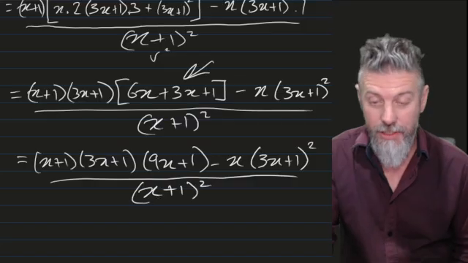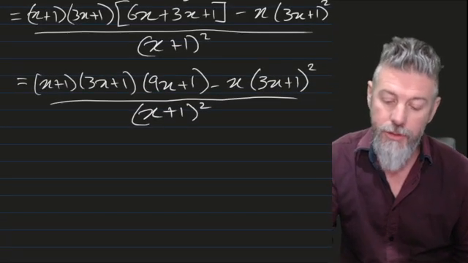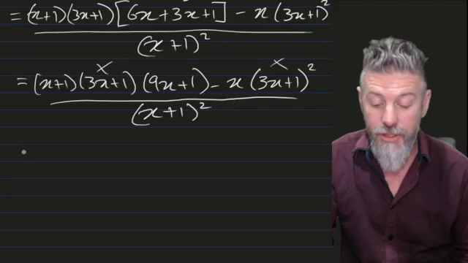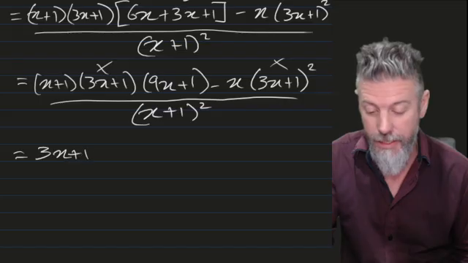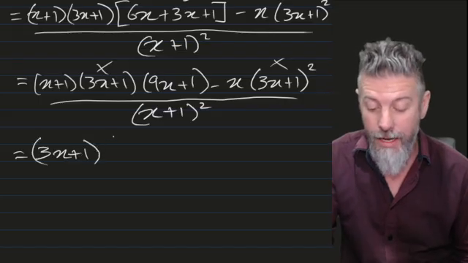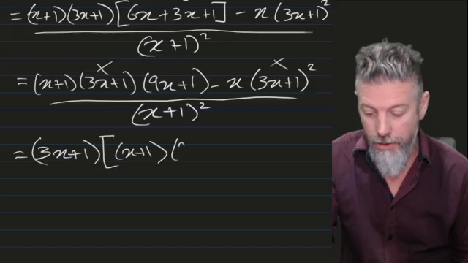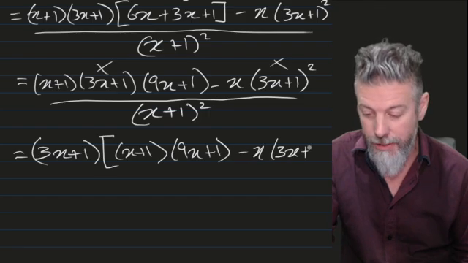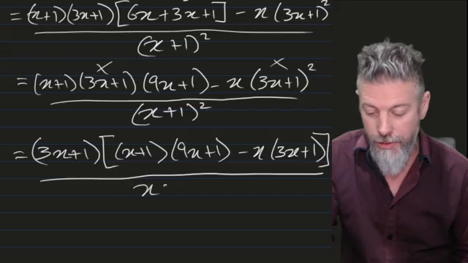Now I'm almost there for this tidying it up in the future that we're looking for these zeros, because look what's in the numerator here. This term and this term are a common factor. So I'm actually going to factorize that out completely and say 3x plus 1 outside of x plus 1, 9x plus 1 minus x, 3x plus 1, over the bottom squared.